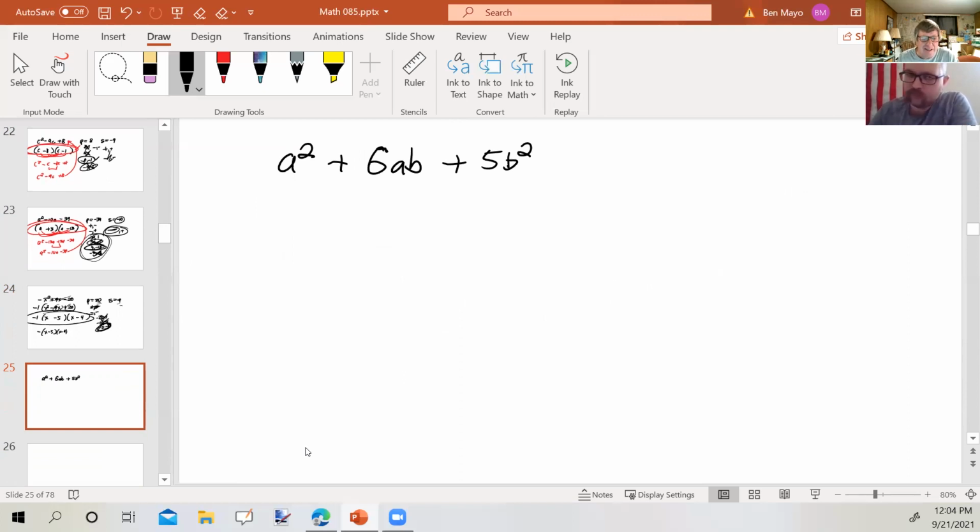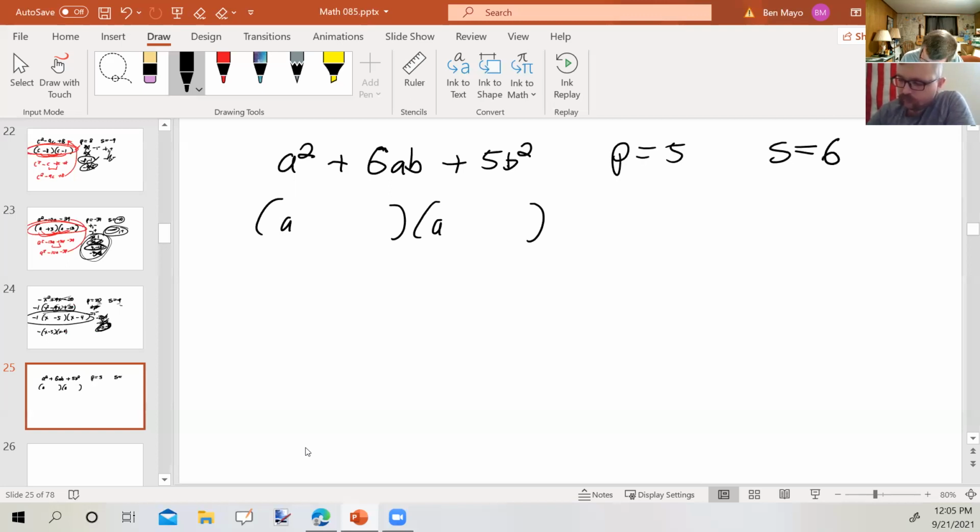It is in standard form in terms of the variable a. It's not in standard form in terms of the variable b, but since it's good in a, we'll go with it. Okay, so I'm going to get a and a like that. My product is going to be 5 and my sum is going to be 6.